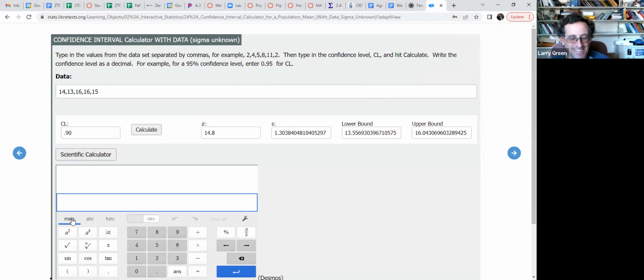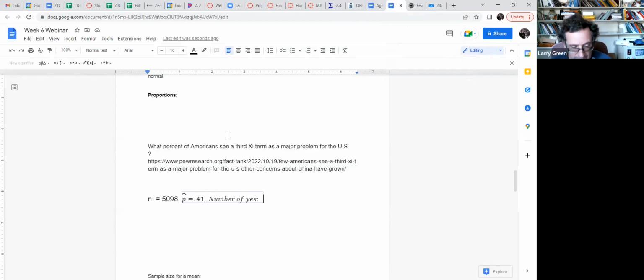So I'm going to go 0.41 times 5098, I think it was, right? Yep. And we should round because these are people. Can't have 0.18 people. So 2090. Okay. By the way, was our sample size large enough to use a normal distribution according to the central limit theorem?